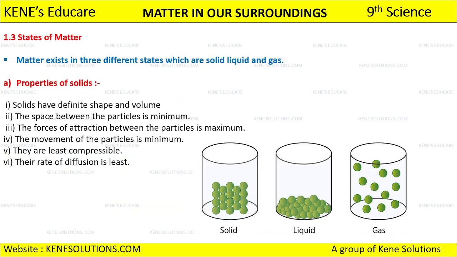Then after activity 1.8, we discussed the three different states of matter, that is solid, liquid and gas, and we have studied the properties of solid in detail, right? Here we have the six different properties along with the figures for solid, liquid and gases, which show how exactly the particles are arranged in solid, liquid and gas.